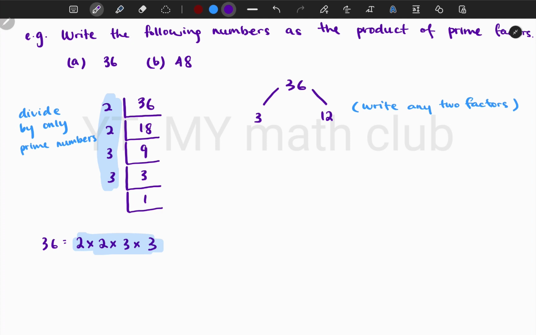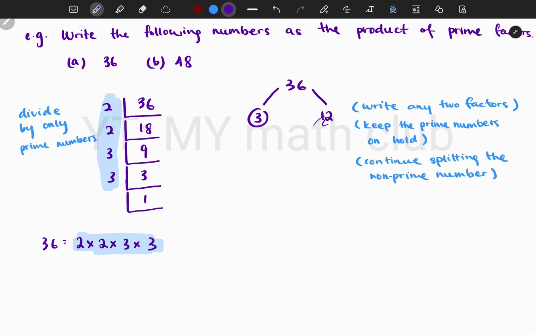If you look at these two branches, one of them is a prime number, one of them is not. When you see this kind of situation, you want to put the prime number on hold. And for the non-prime number, you're going to continue splitting into two branches again, which must be factors of the original number. So in this case, I'm going to write 3 and 4 because 3 times 4 makes 12.